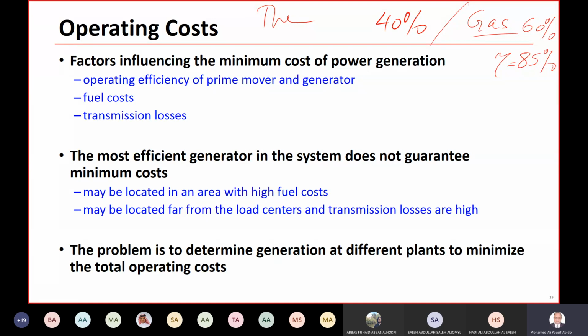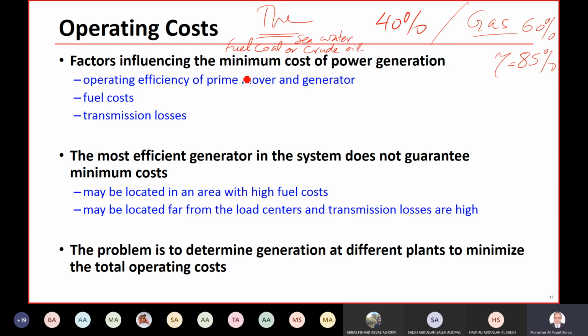The fuel cost also matters. These power plants use, for example, sea water for generating the steam. The fuel could be coal or crude oil.